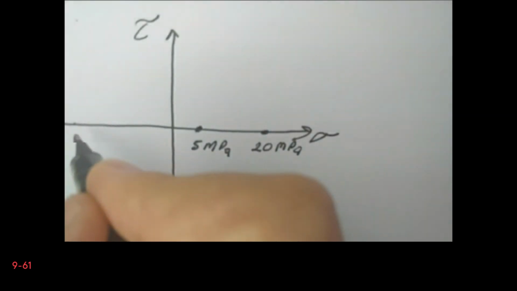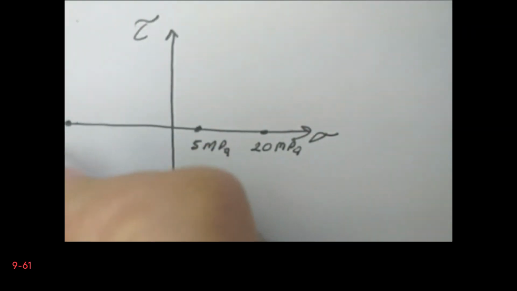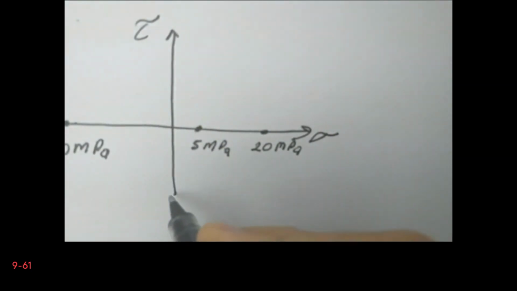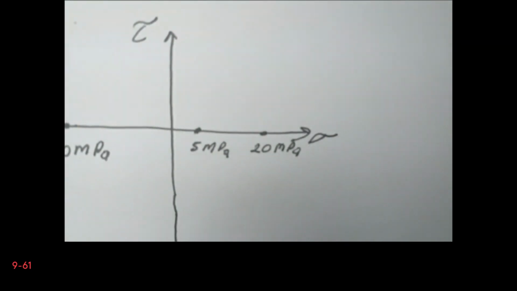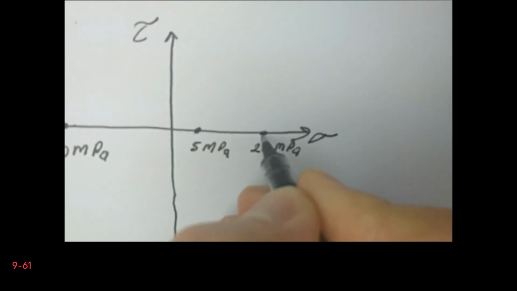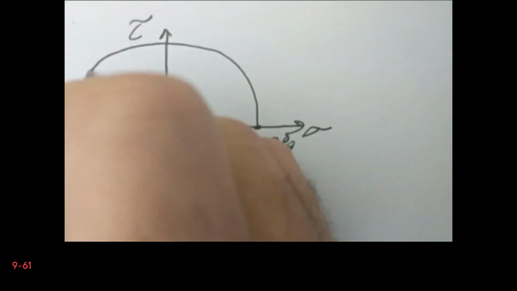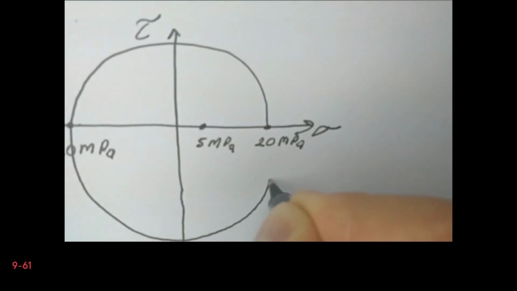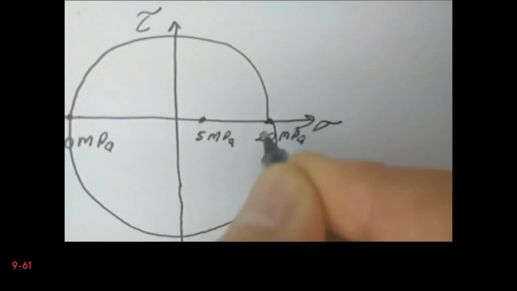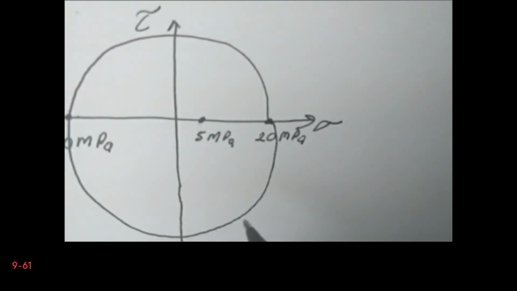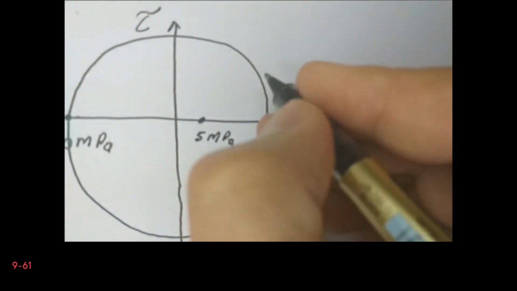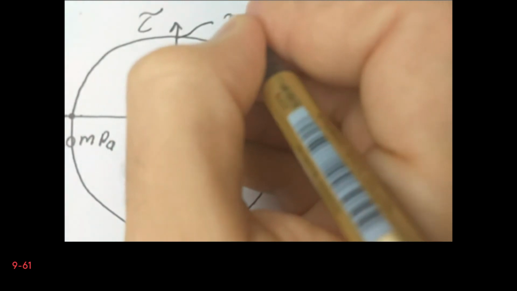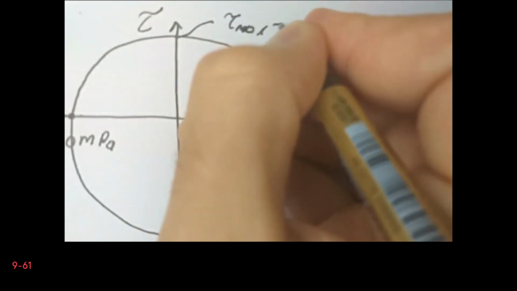So this is minus 20. In fact, there is no shear stress, therefore this is our Mohr circle for B. So we can easily see that tau max is equal to 20 megapascals.